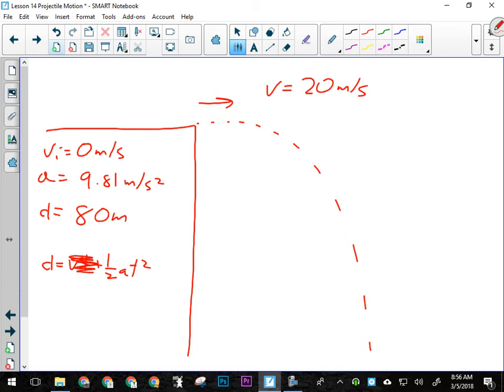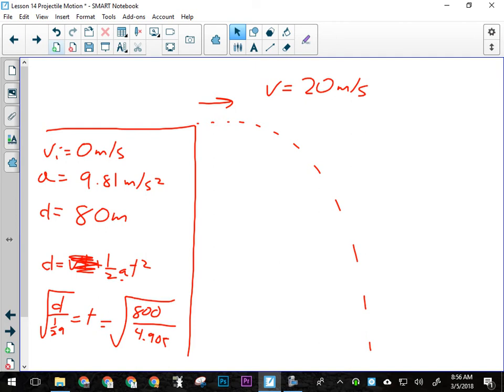If I'm going to manipulate for time, that means I'm going to divide both sides by half of a and take the square root. So that's 80 meters, divided by 4.905, that's half of 9.81, and then we'll square root that.